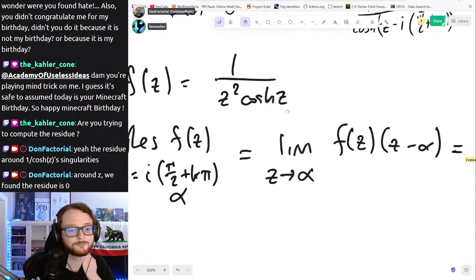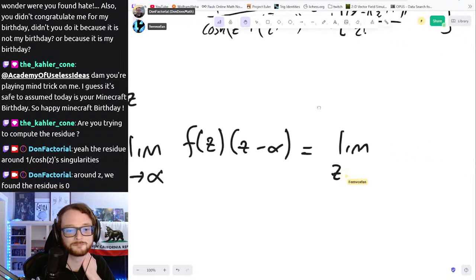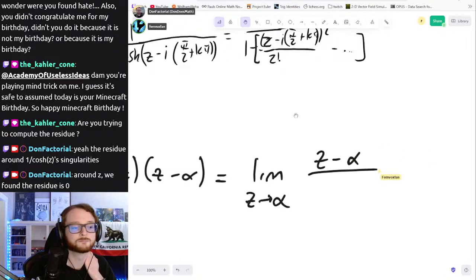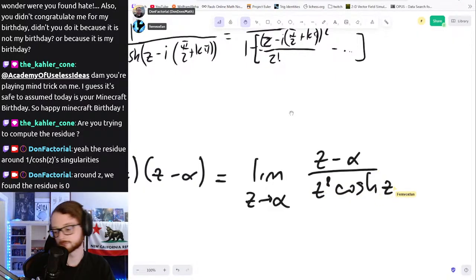Which is, okay, let's write that. Because we already know this should be 0 over 0, right? I mean, that's what it's going to be. Cosh z. Now, assuming alpha is a root of cosh, then this is 0 over 0, isn't it?